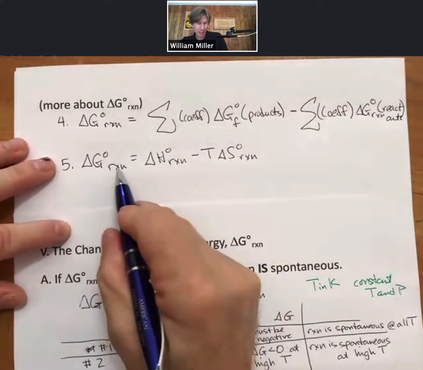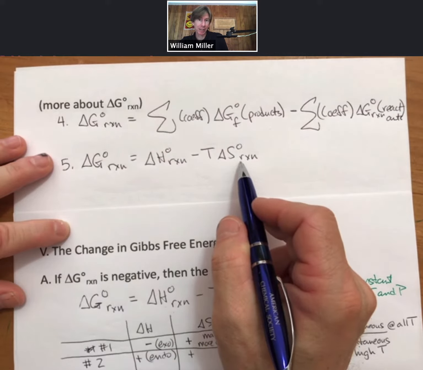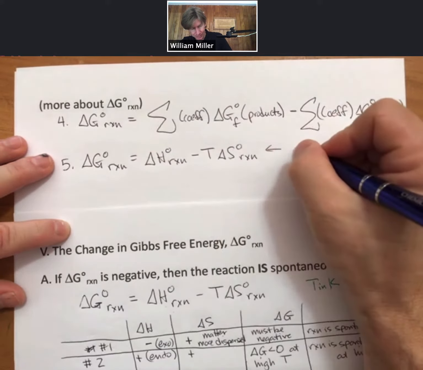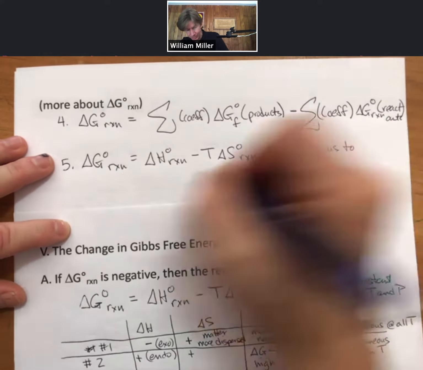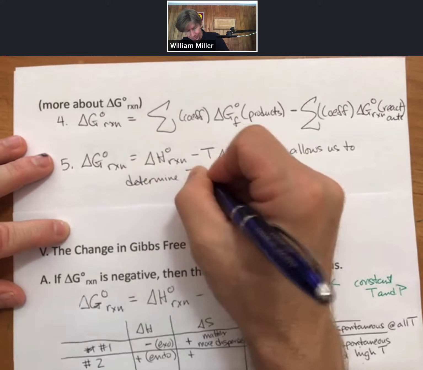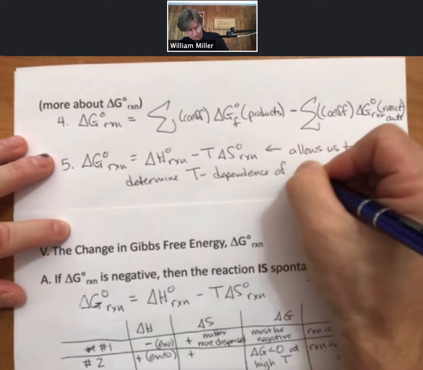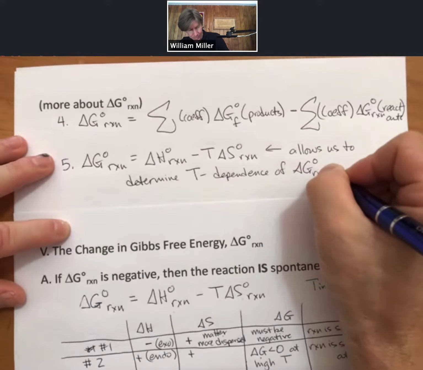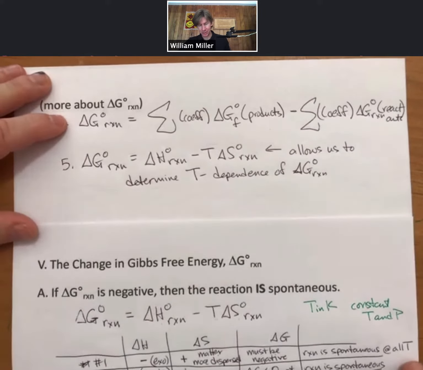And so this equation allows you to determine the temperature dependence of delta G. Okay. And so we'll use both of those depending upon the situation.